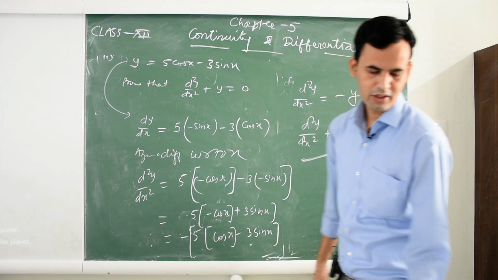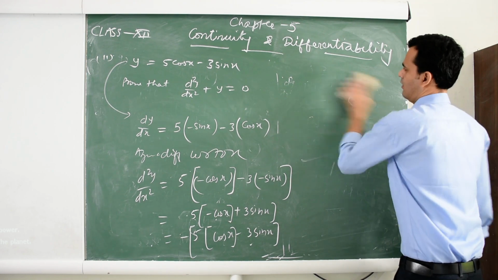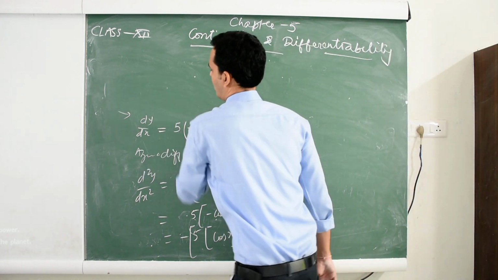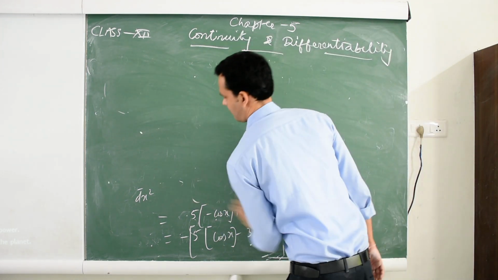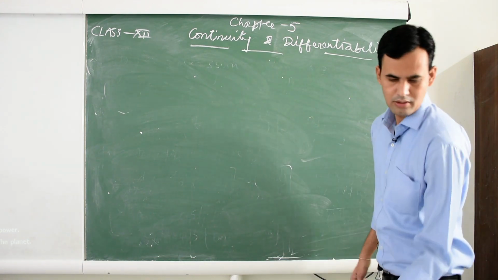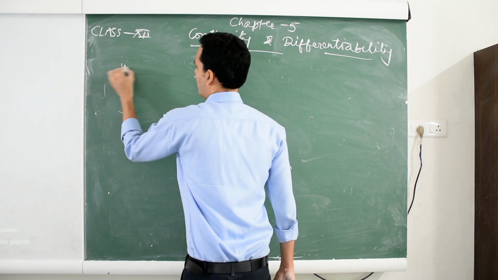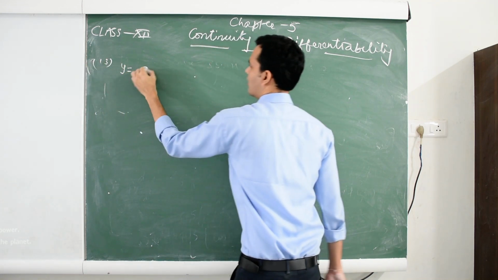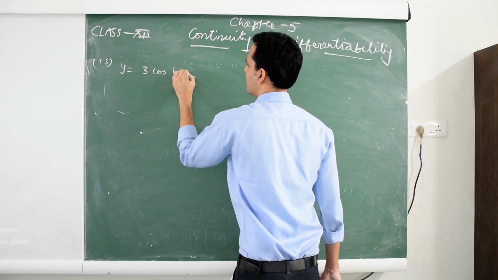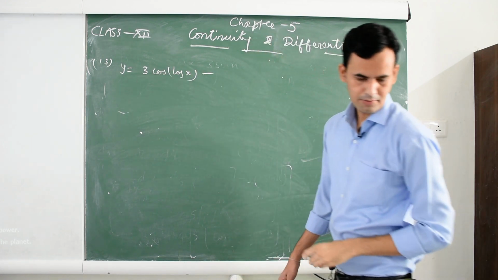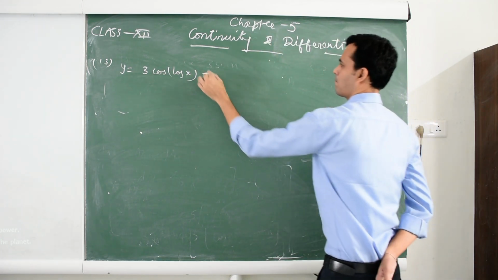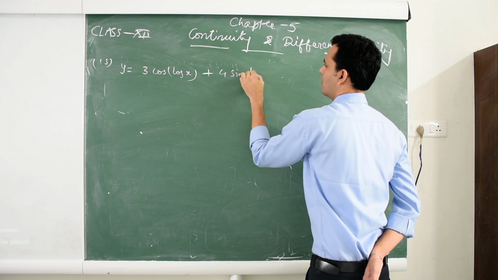Now the next question is question number 13. y equals 3 cos log x plus 4 sin log x.